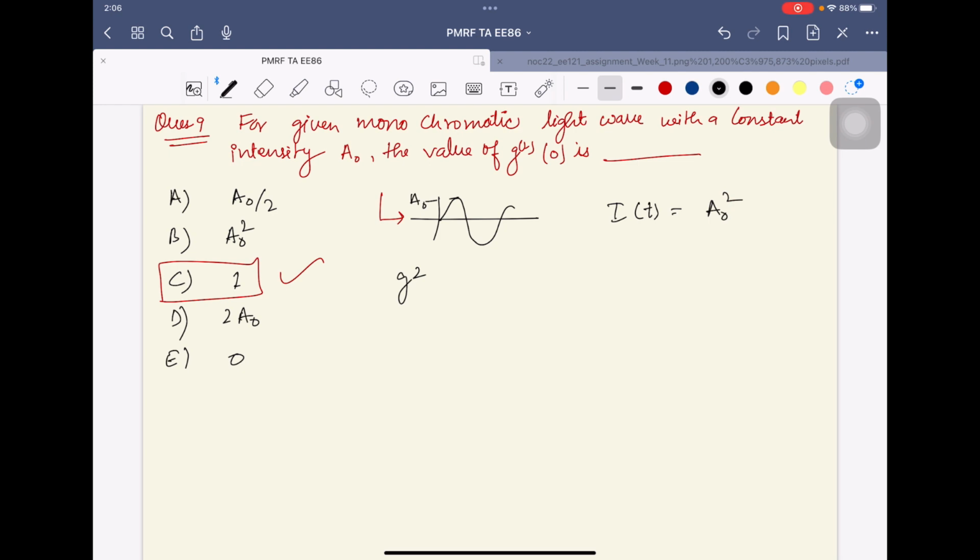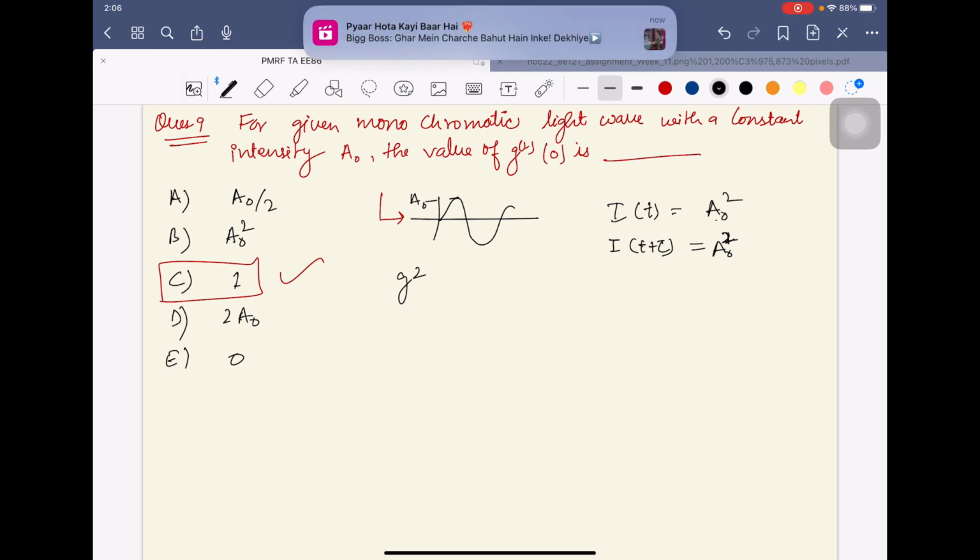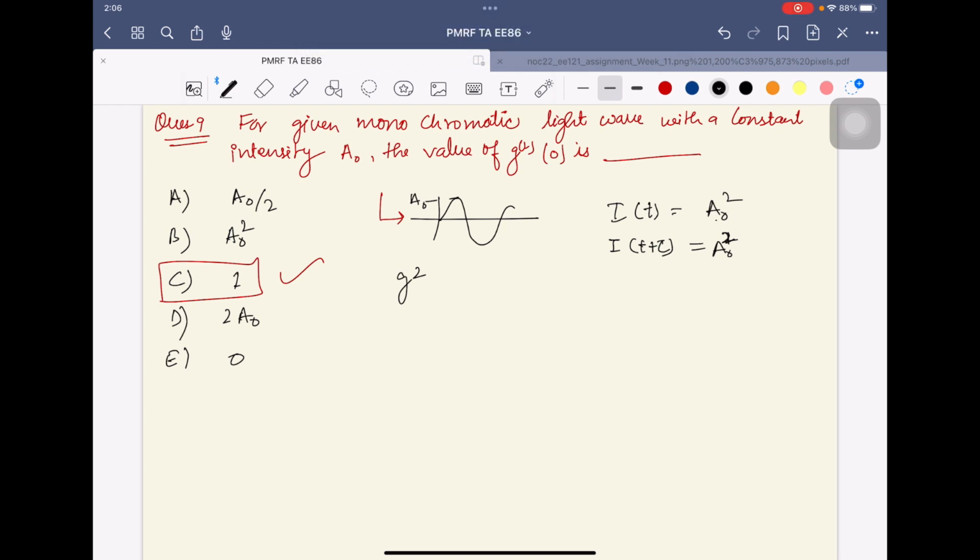So I at t plus tau is also A0 square, right? Sorry, this is intensity, so this is not A0 square, this is simply A0.